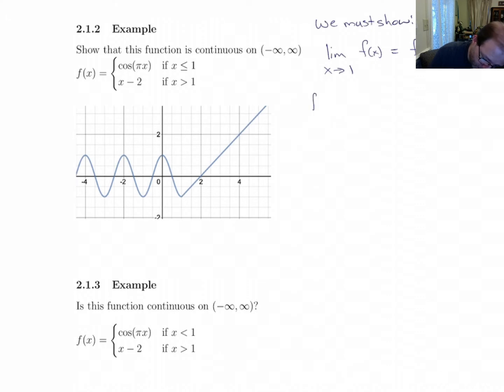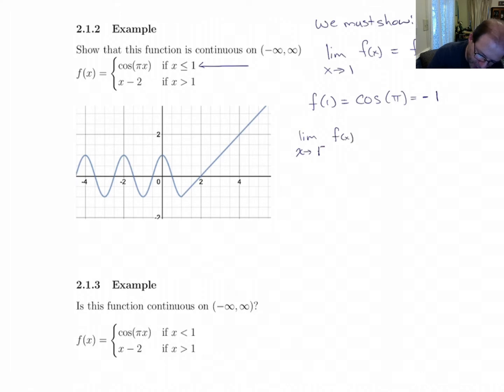All right, f of 1 is equal to, let's see, we've got to grab the one with the equal bar, cosine of pi, and cosine of pi is negative 1. Now we'll look at the limit as x goes to 1. Well, we've got to do this from the left and the right.